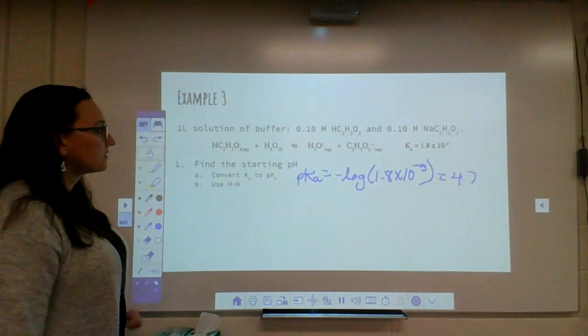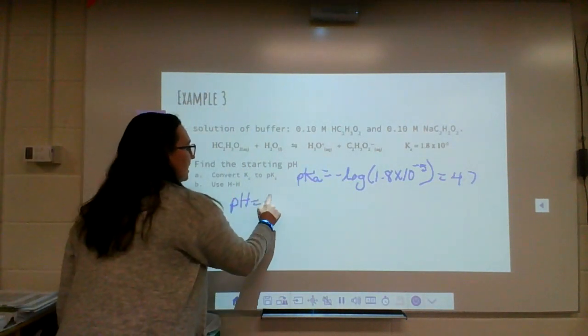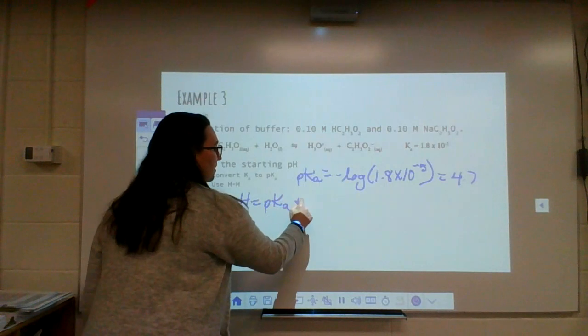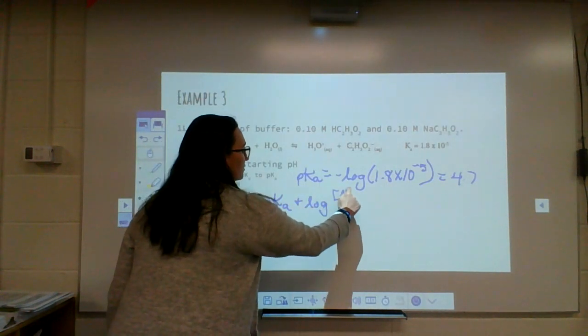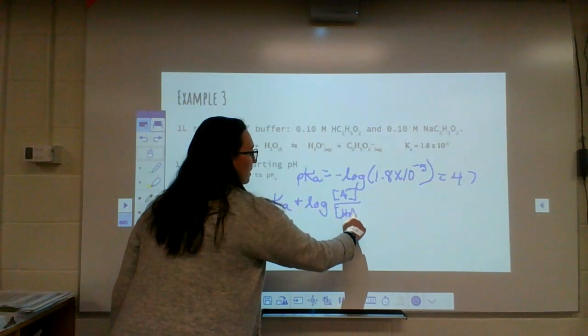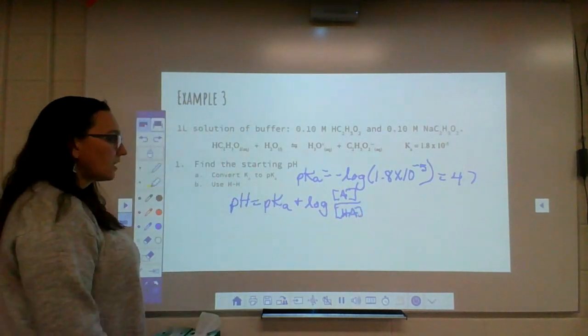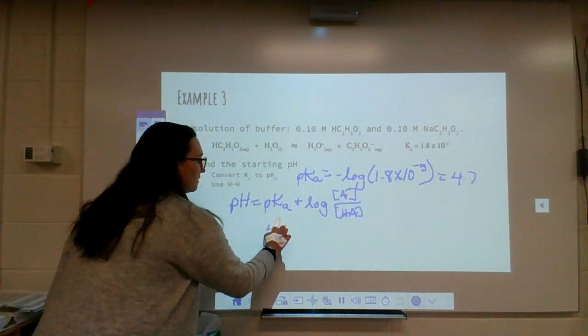Then I'm going to use the Henderson-Hasselbalch equation. pH is equal to pKa plus the log of the conjugate base divided by the concentration of the acid. So I know that my pKa is 4.7.